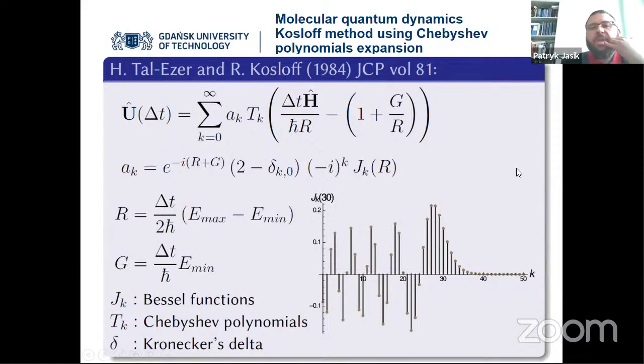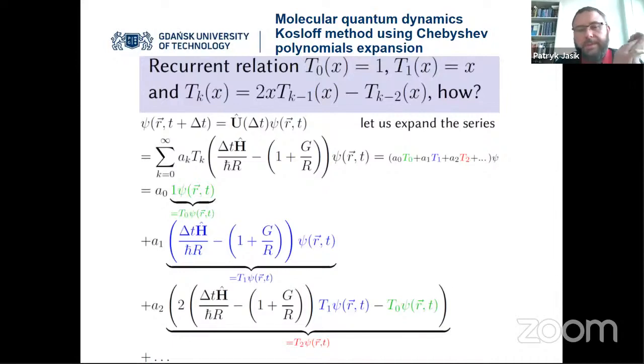This is a very well-known approach, but in our opinion it is one of the best, because, for example, you can create the expansion shown on this slide as long as you want.